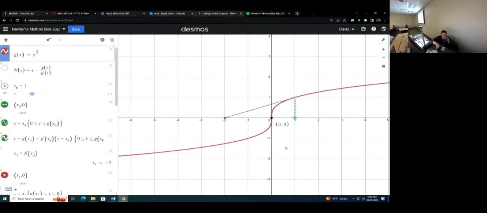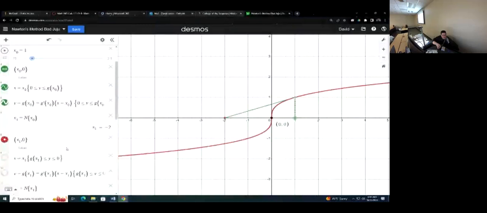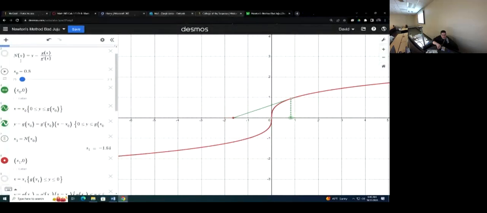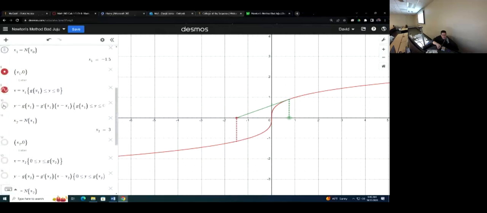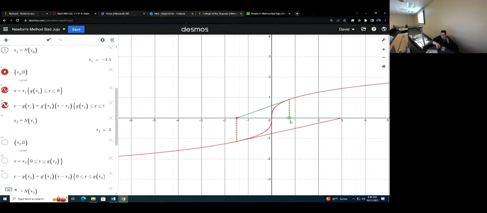What makes a good starting value here? We need something where the next value is closer than the previous value.